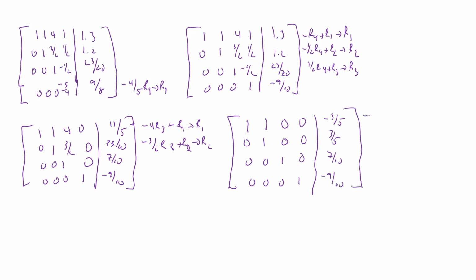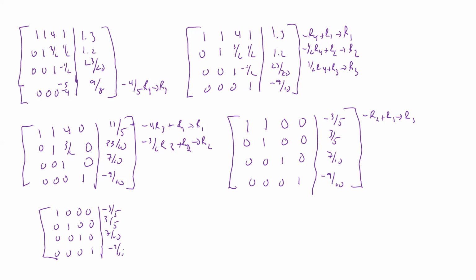And then now we just take a minus row 2 plus row 1, and that's our new row 1. And so hopefully we can get all that on here. So 1, 0, 0, 0, and then -3/5, 0, 1, 0, 0, 3/5, and 0, 0, 1, 0, 7/10, and 0, 0, 0, 1, -9/10.